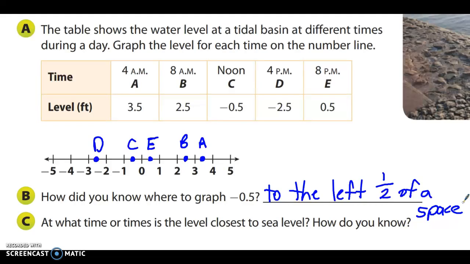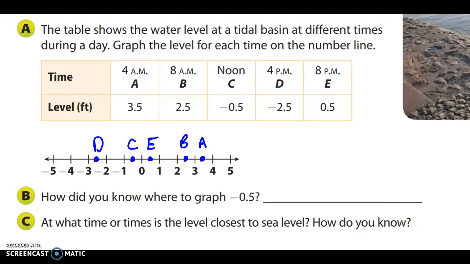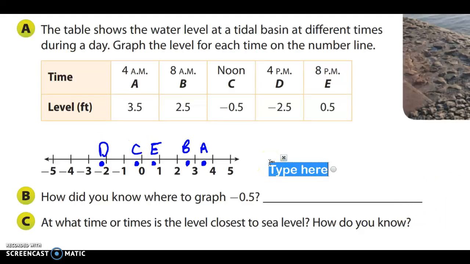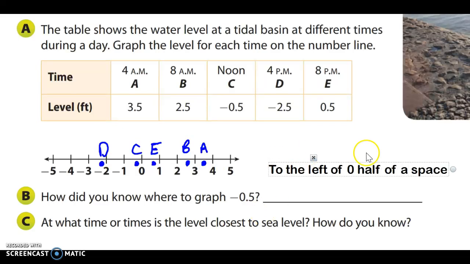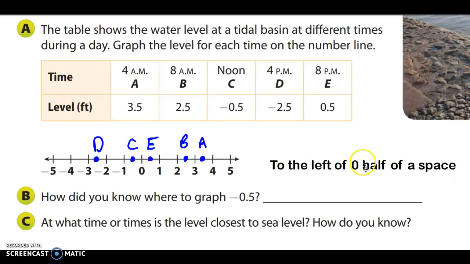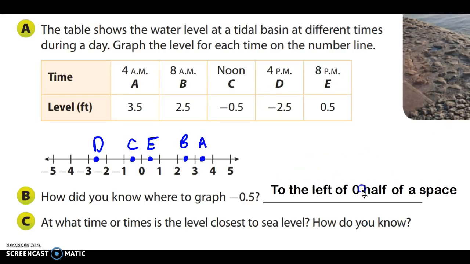I think I might rewrite that just a tiny bit to make it a little better. To the left of 0, half of a space. I don't know if I love that answer, but I think you probably get the idea.